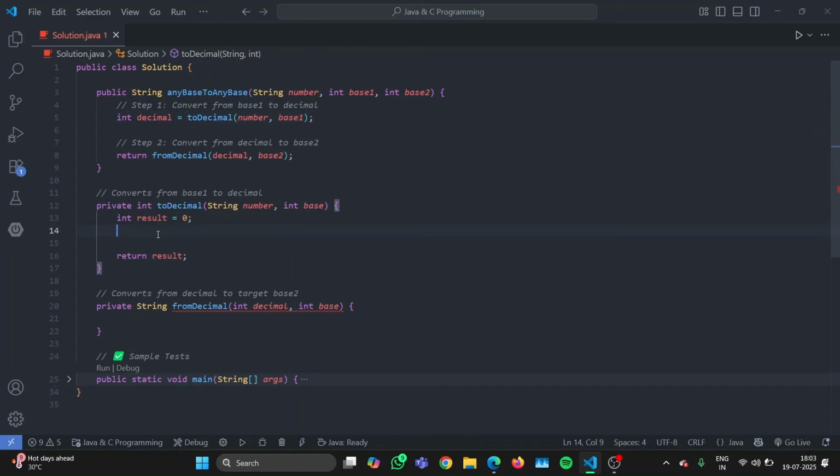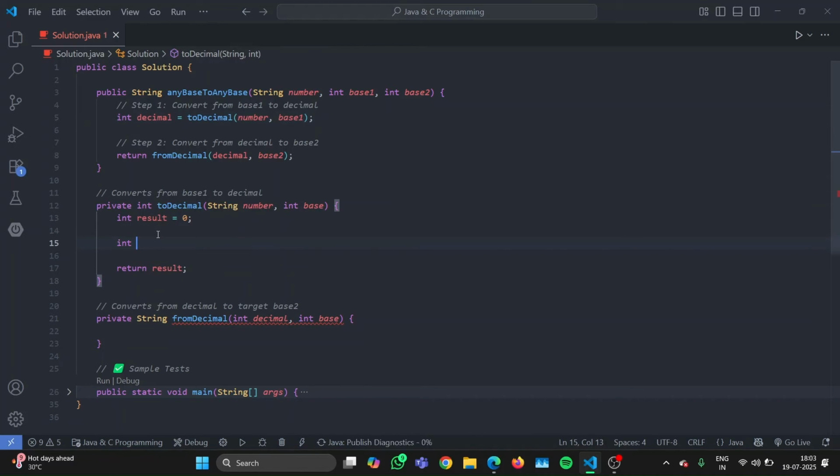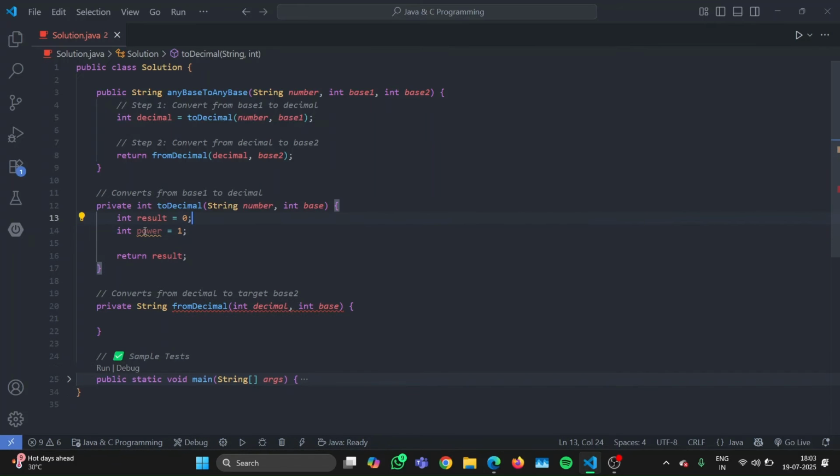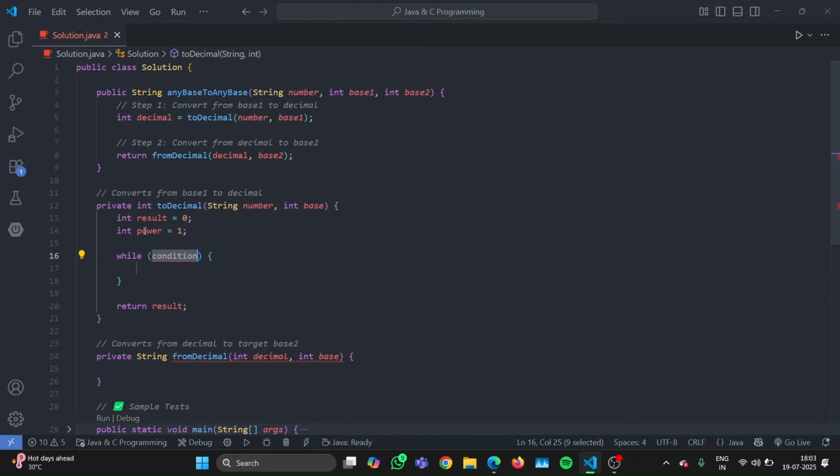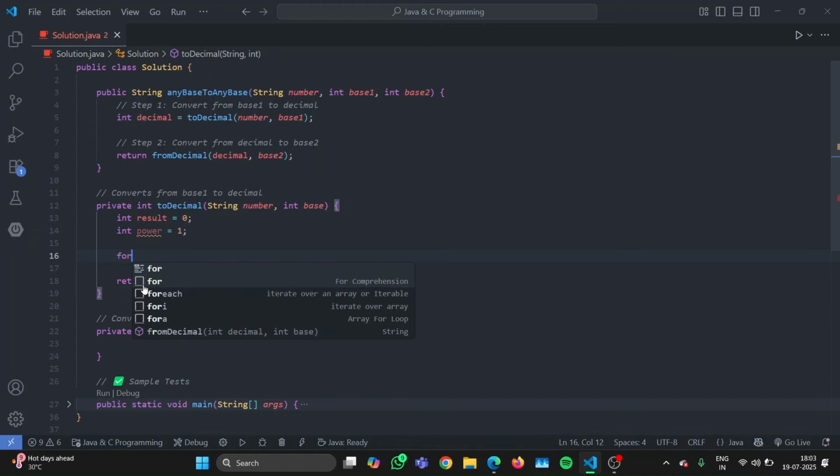So first thing is that we need a power variable which will be initialized with 1. Then we need a while loop, and it will continue until the number is not greater than 0. So we cannot take a while loop over here, because we are given the number in the form of a string. So what we can do is parse the string from the right hand side, because in that way we can directly extract the remainder without the need to divide it by the given base.